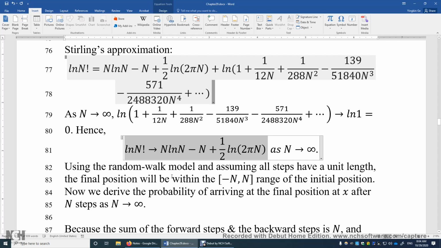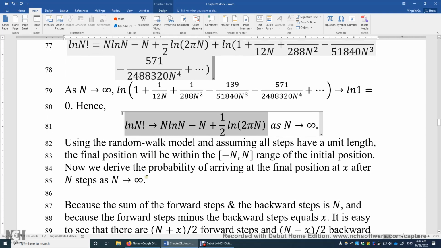Of course, after 1 million steps, it is possible to find this person 1 million steps away from his initial position, but the probability is 0.5 to the power of 1 million to find this person 1 million steps to the left of his initial position, and also 0.5 to the power of 1 million to the right of his initial position. So these two probabilities are negligible.